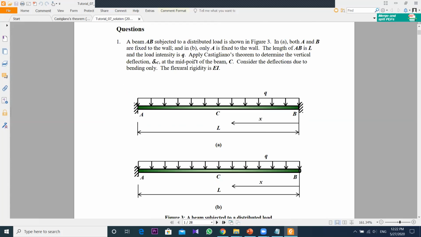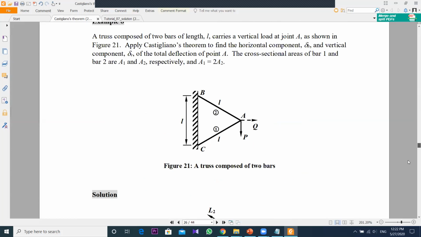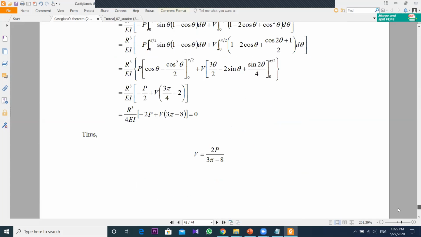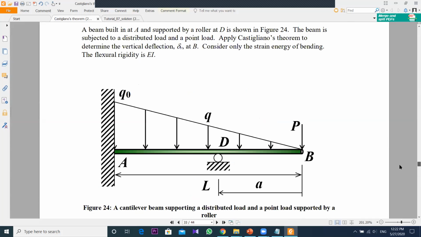I am not going to read these questions, since you already identified this question. Before this, I told you about the fixed conditions and the end conditions you should know. It is available there, let me show you.